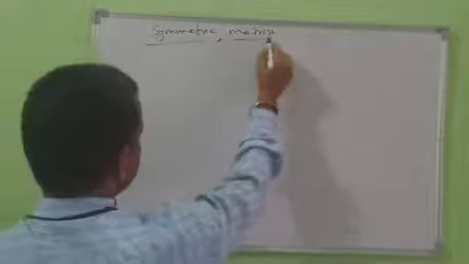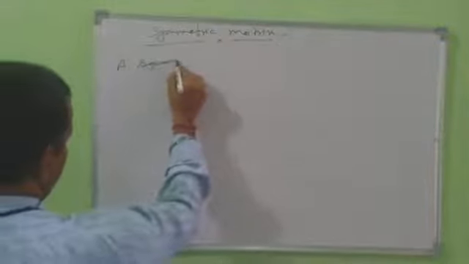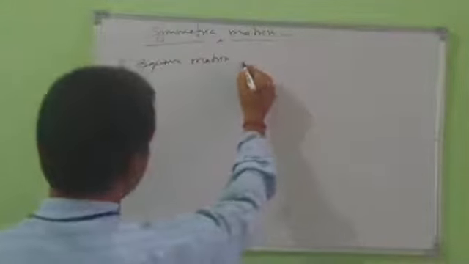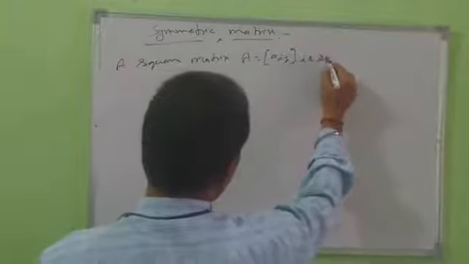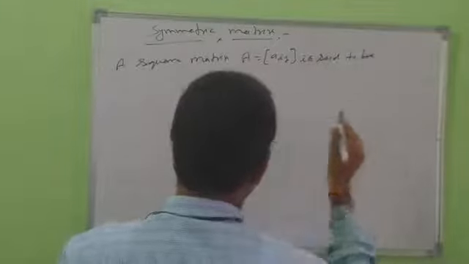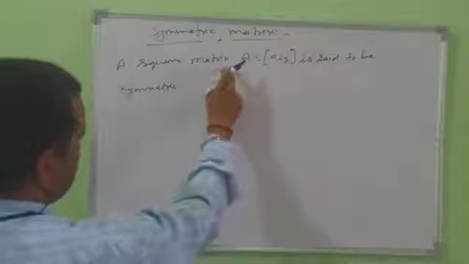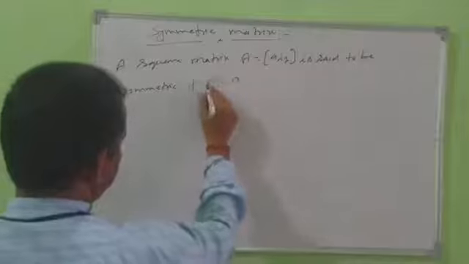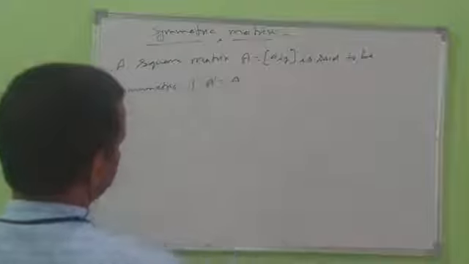Symmetric matrix. What is a symmetric matrix? A square matrix A equal to [aij] is said to be symmetric if A' equals A. If you transpose any matrix and you get the original matrix, then it is symmetric.